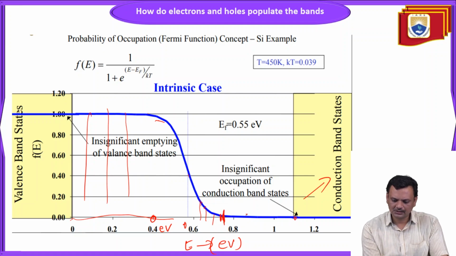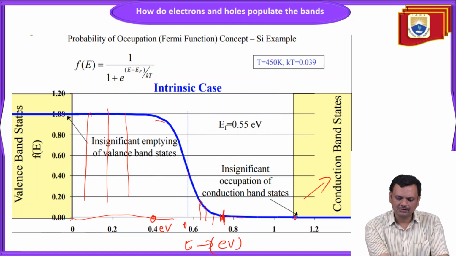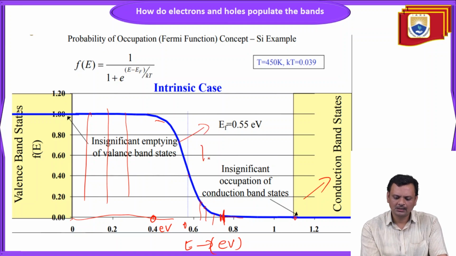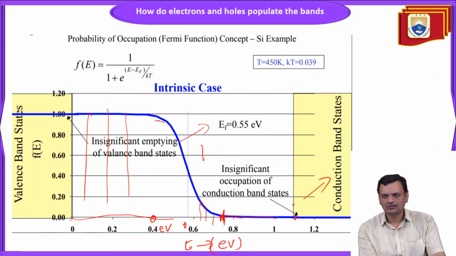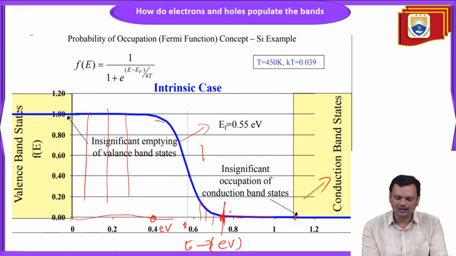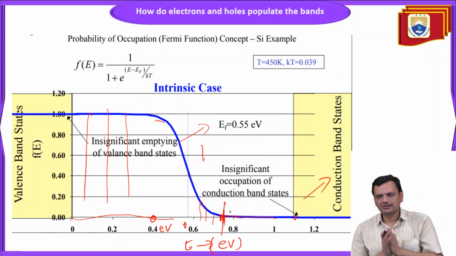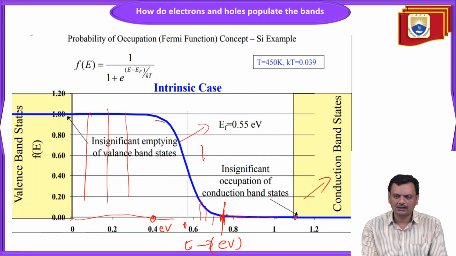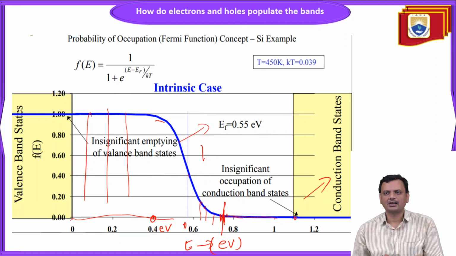From here onwards, this is the probability occupation curve, this blue line, it becomes 0. Means from this region onwards, there is no chance, because the probability is 0, that the charge carriers will occupy any energy level. This is the case of pure intrinsic silicon.